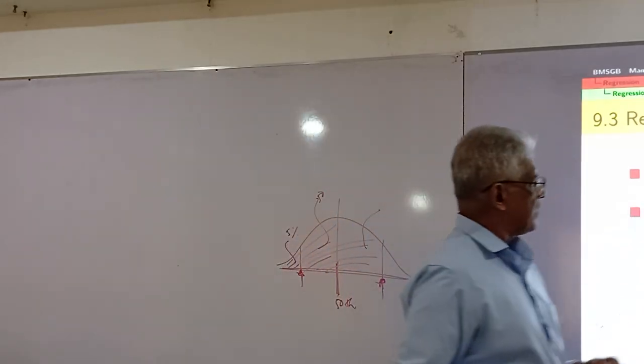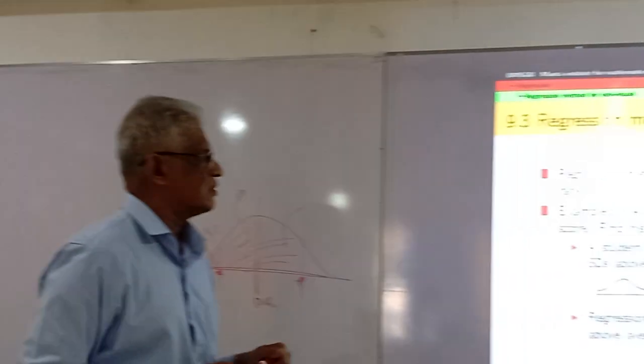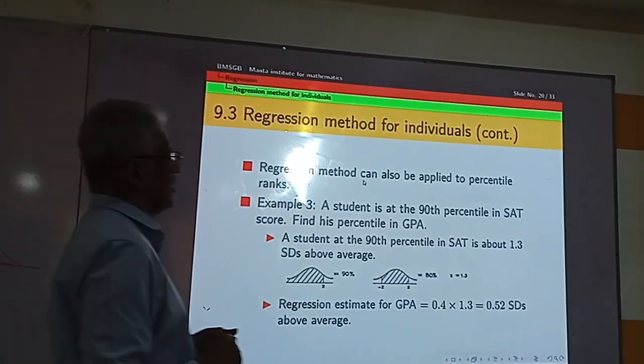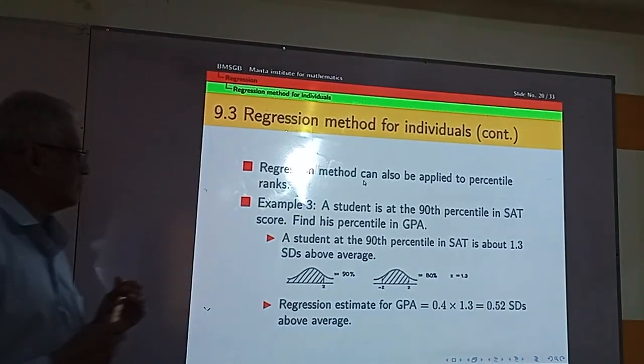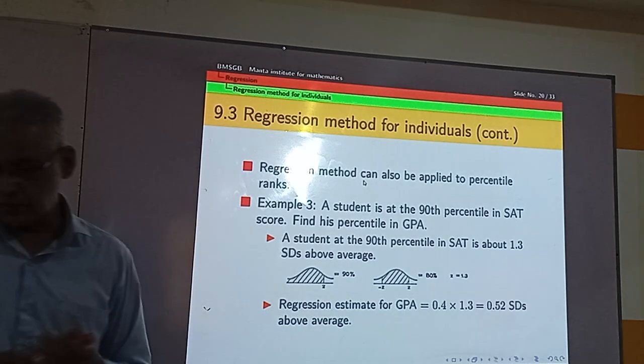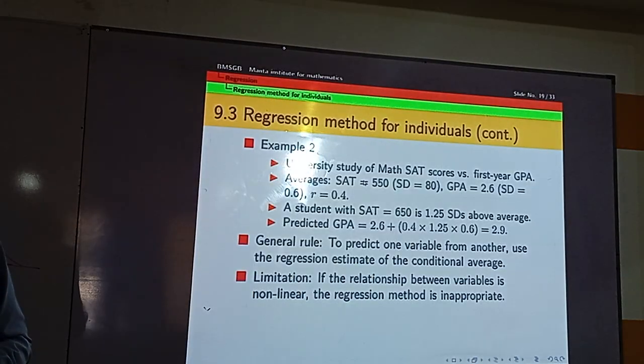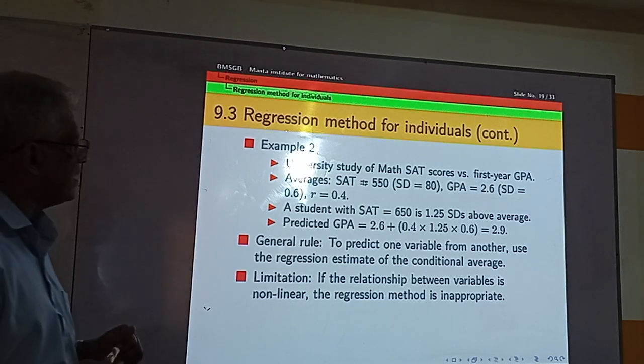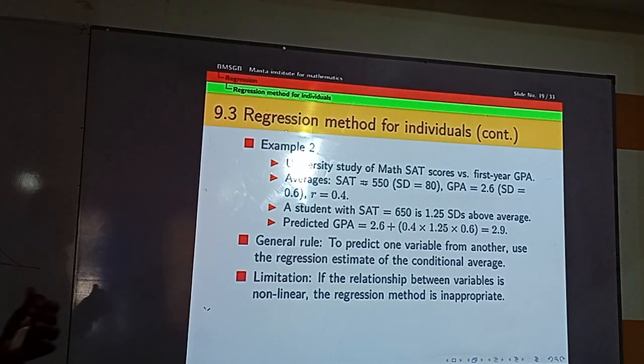So in this example, a student is at the 90th percentile in one exam, SAT score. Find the percentile in GPA. We are given the mean and the standard deviation of SAT scores as well as GPA.